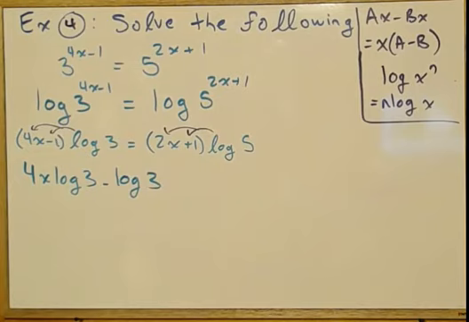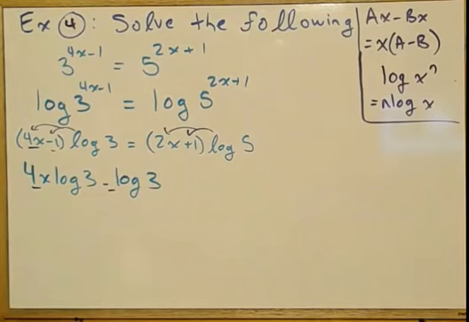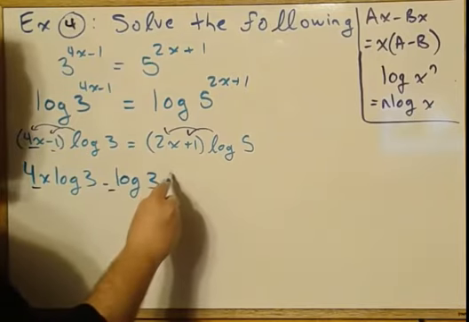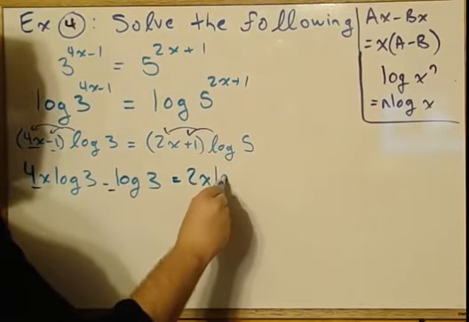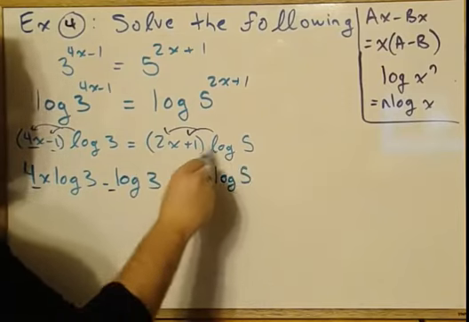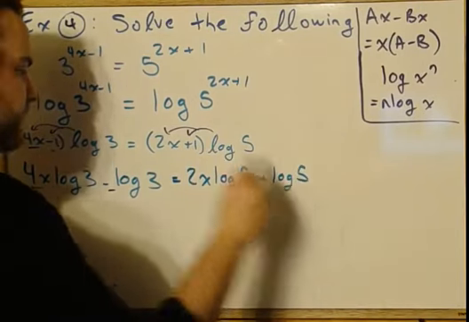Here's the 4x, here is the negative 1. Similarly, on the right side, 2x times log 5 will be 2x log 5, and 1 times log 5 will just be plus log 5.